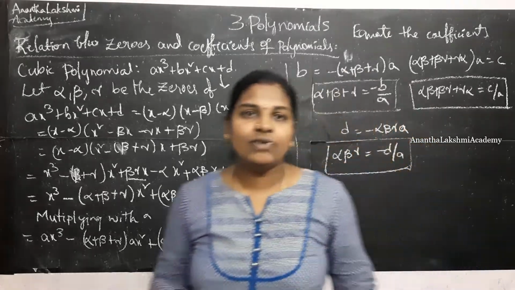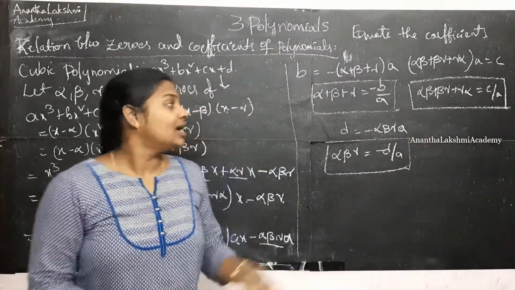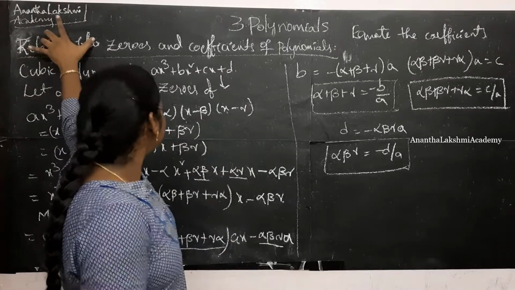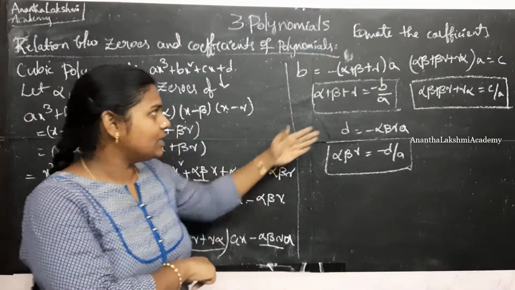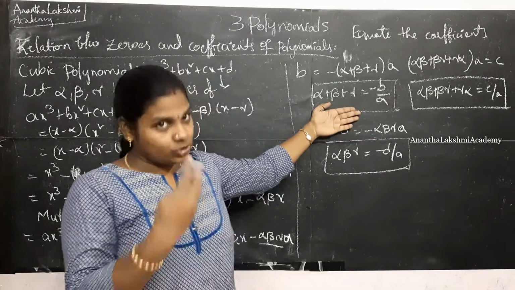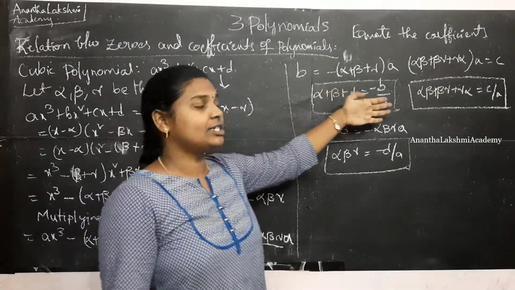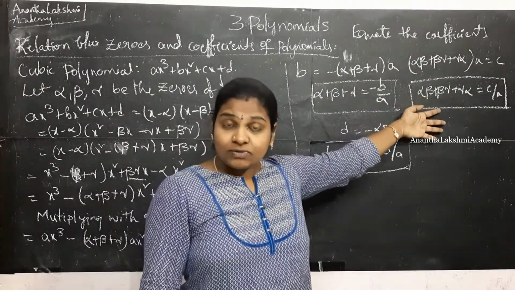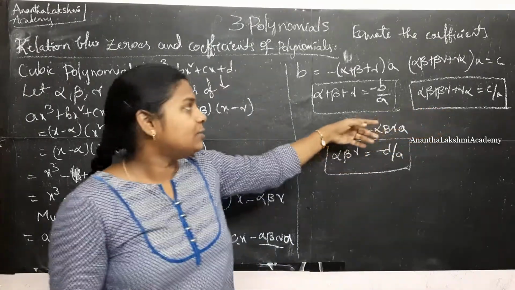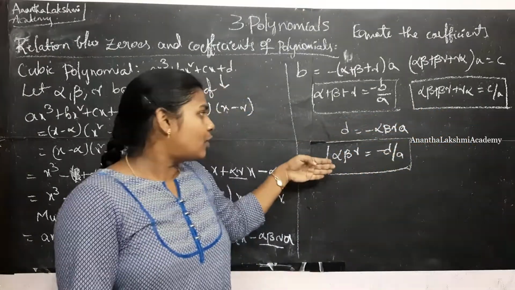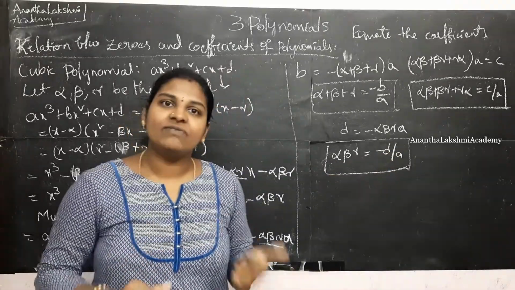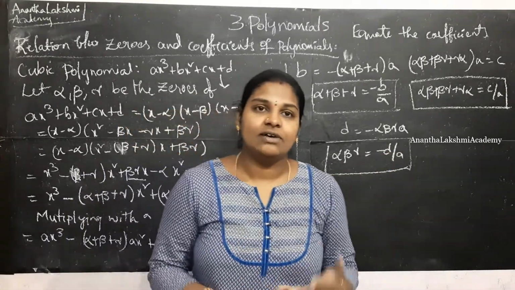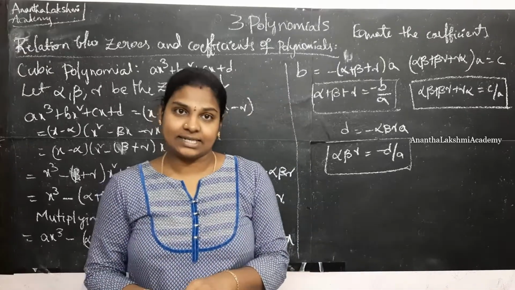All right, so we arrived at a conclusion wherein the relation between zeros and coefficients of a polynomial for a cubic polynomial, wherein we assume the zeros to be 3, alpha, beta, gamma is minus b by a, product of the zeros multiplied 2 at a time is c by a, and product of 3 roots is minus d by a. So with this we finished the concept that we needed for solving the next exercise problem.